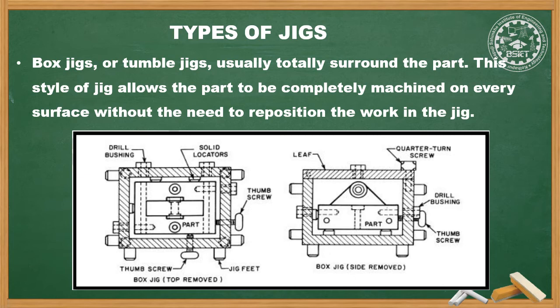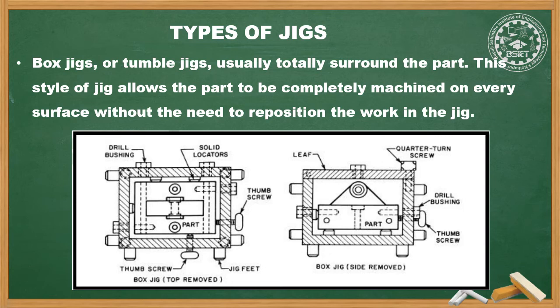In this we can see the drill bushing, the solid locators, and the thumb screw for locating the parts. This type of jig allows the workpiece to be worked from all sides without the need to reposition it.